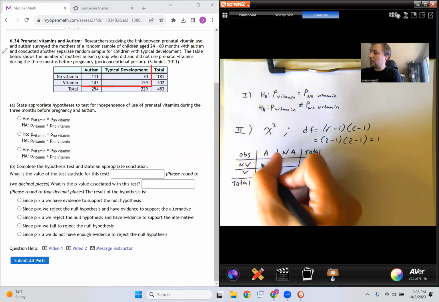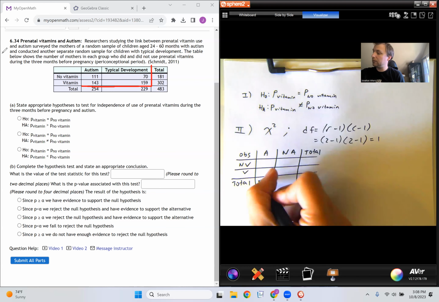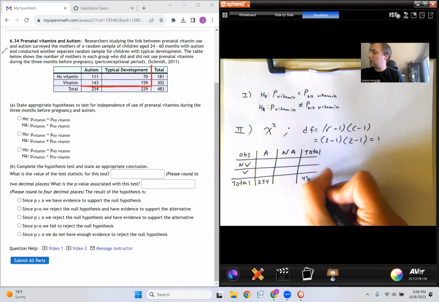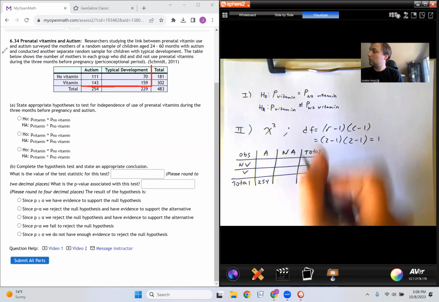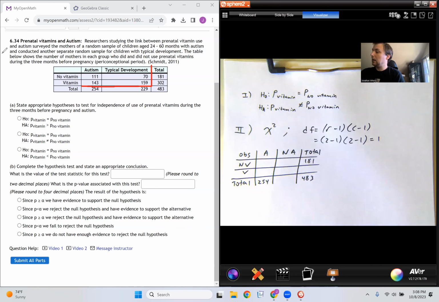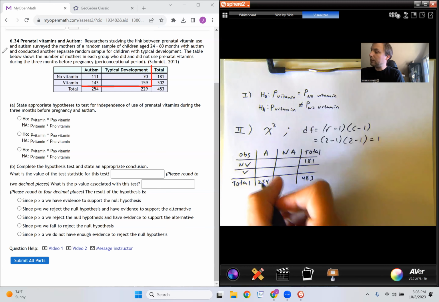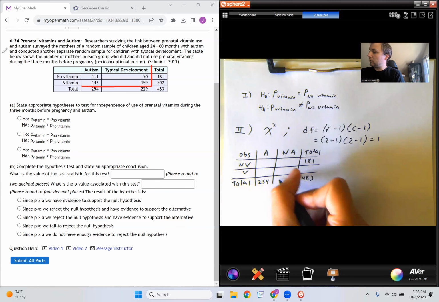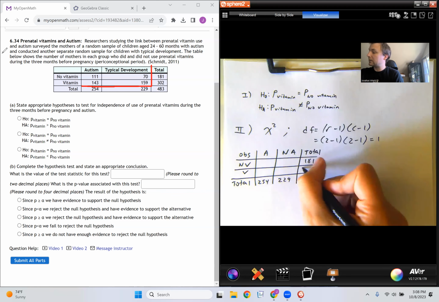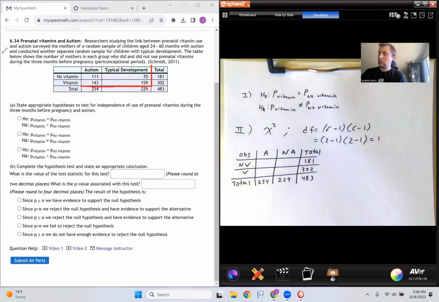I had, for totals, 254, 483 as the overall total, 181, and 254, and this number here has to be 229 because it has to add up to that correct value. This has to be 302.